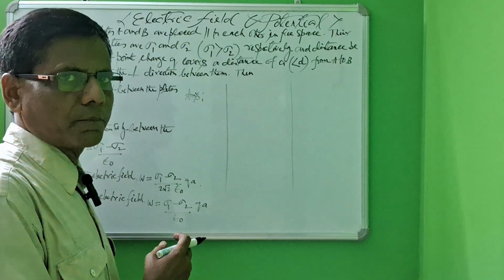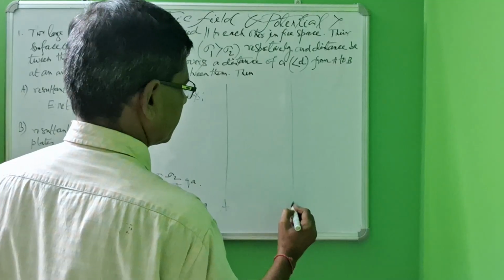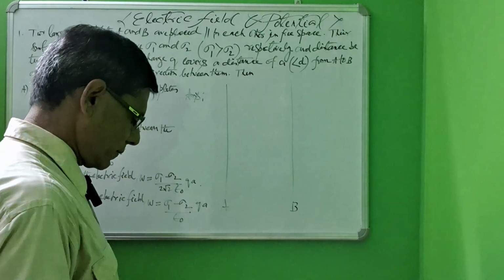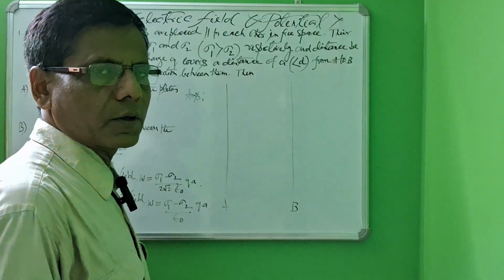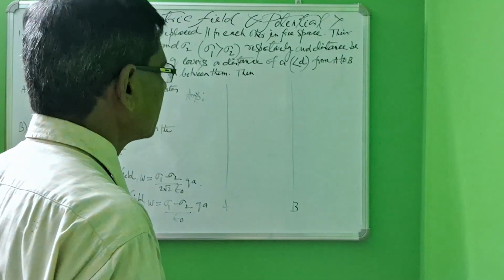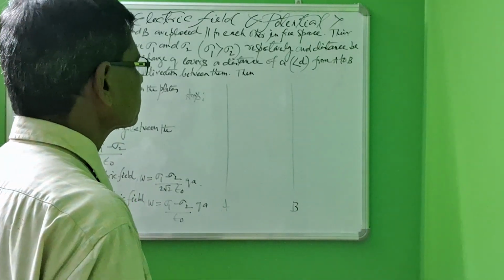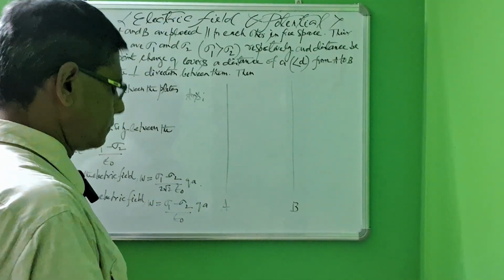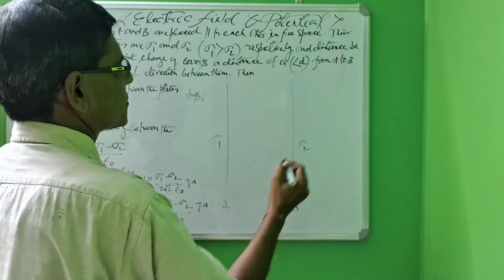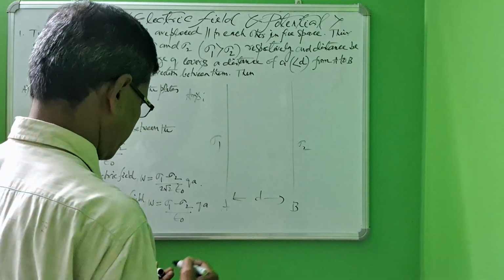Suppose these two large metal plates A and B, which are parallel to each other. This is for sigma 1, this is for sigma 2, and the distance between them equals d.